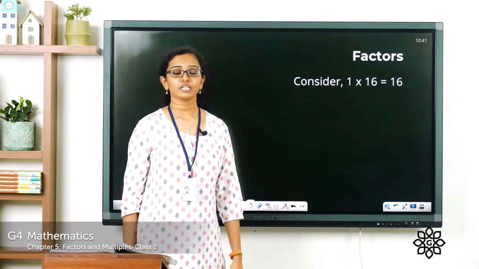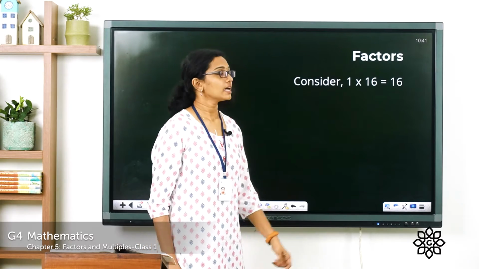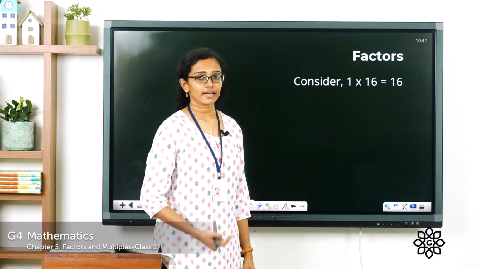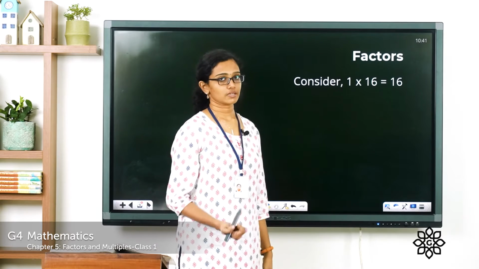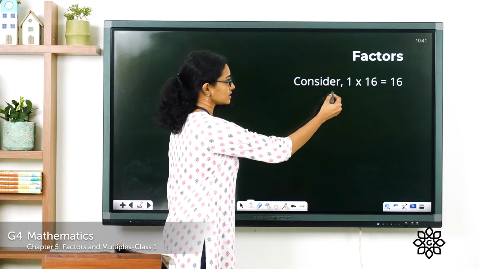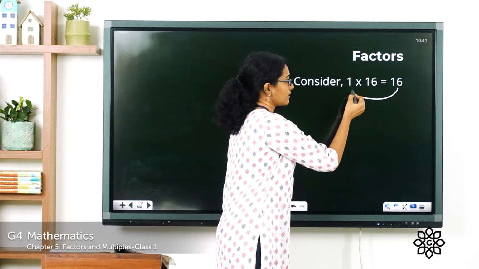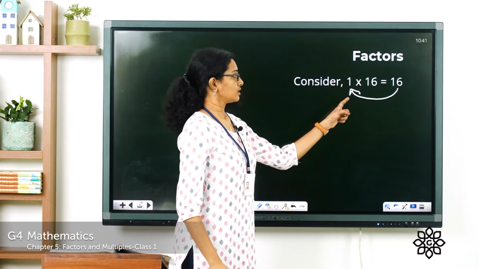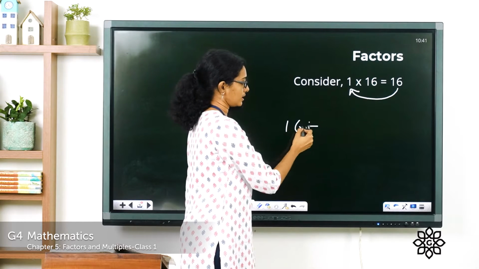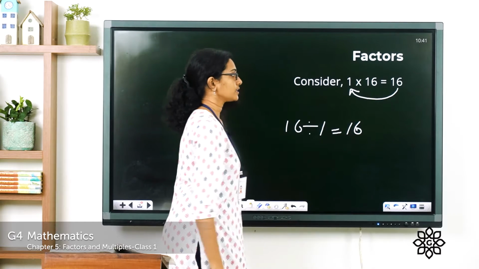Now consider this once again. 1 into 16 is equal to 16. This is a multiplication fact, right? Now shall we write division facts from this? We can write 2 division facts from this. How can we write that? 16 divided by 1. 16 divided by 1 is equal to what? 16, right?